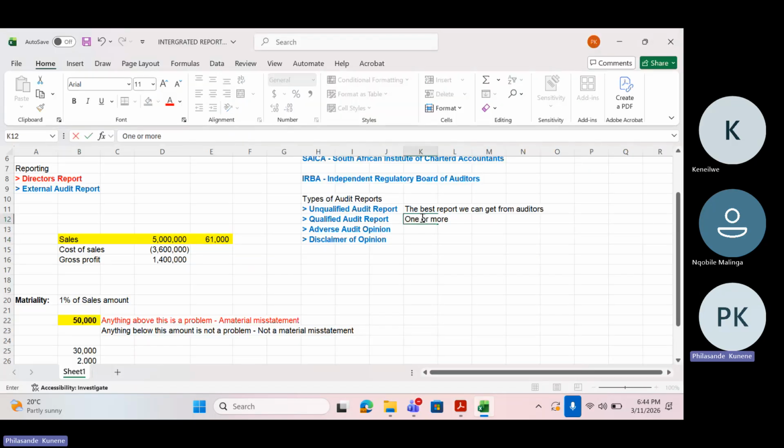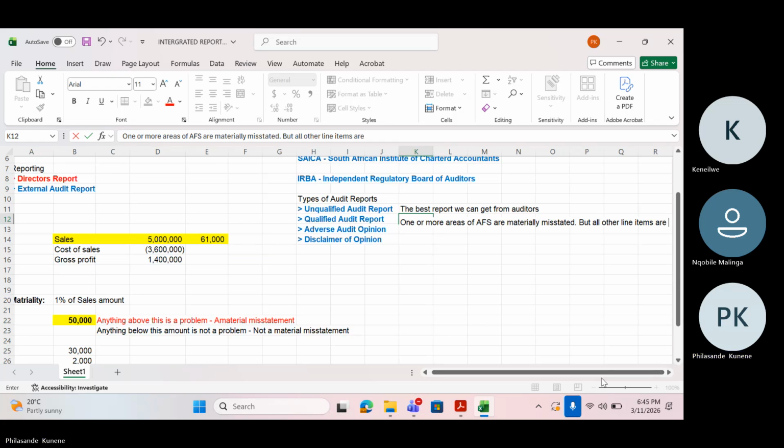One or more areas of the AFS are materially misstated, but all other line items are correct.